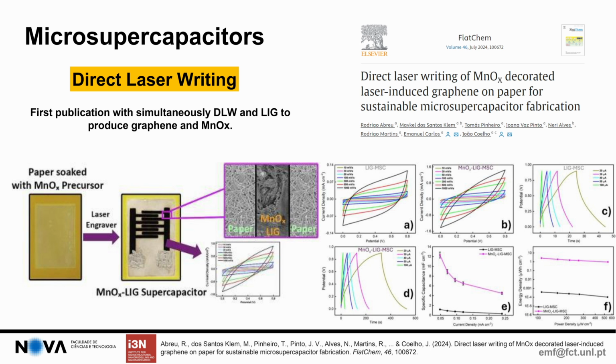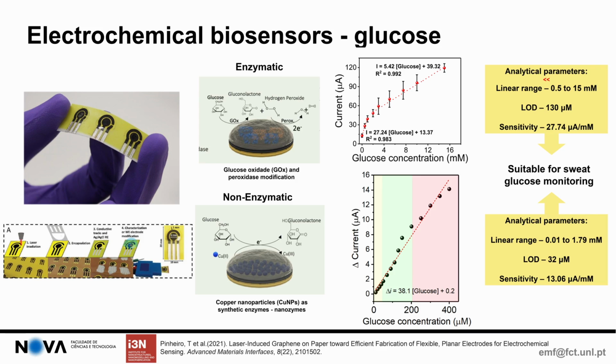So this process is used not only to produce graphene, but also to synthesize the metal oxides that we want to use. We also developed electrochemical biosensors for glucose, either enzymatic or non-enzymatic.